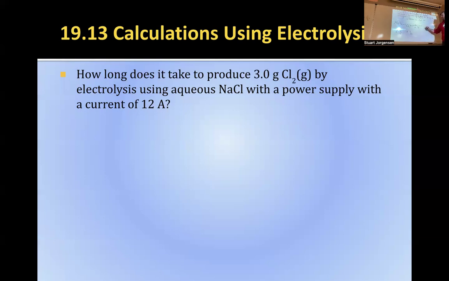And then we know that per mole of electrons, that takes a charge of 96,485 coulombs. Faraday's constant. All the coulombs.